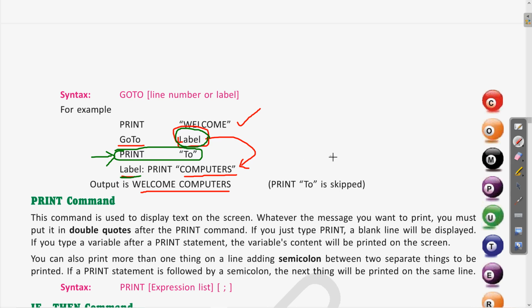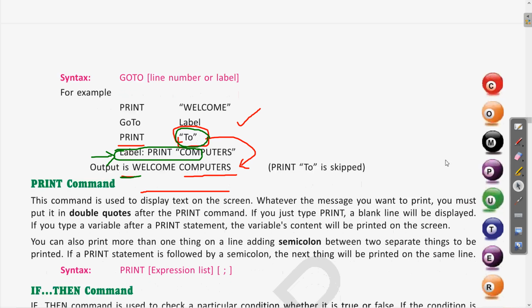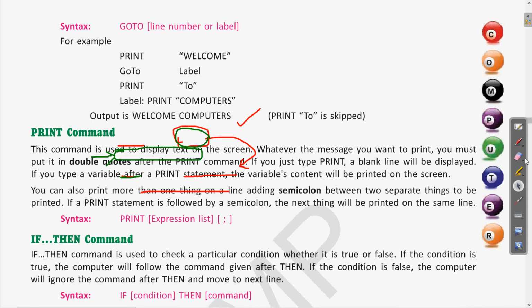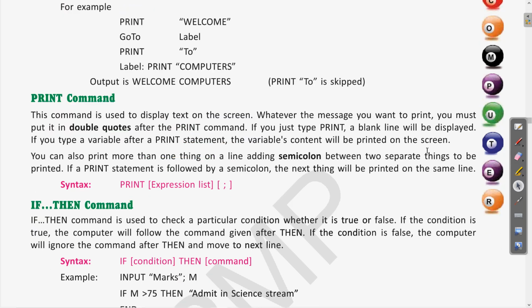Then coming to the next, that is print command. Okay, let us erase this and see what is the function of print command. So print command is used for printing something. So let us read this first. This command is used to display text on the screen.